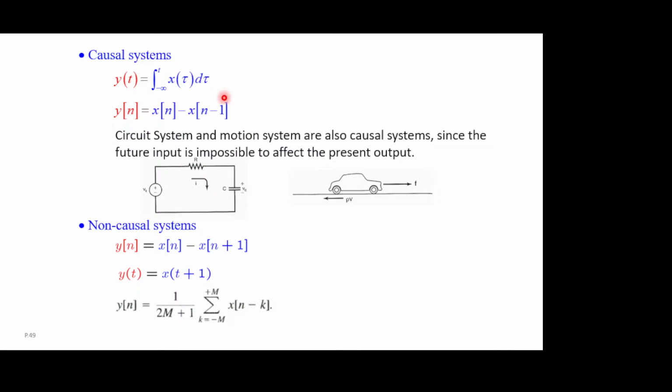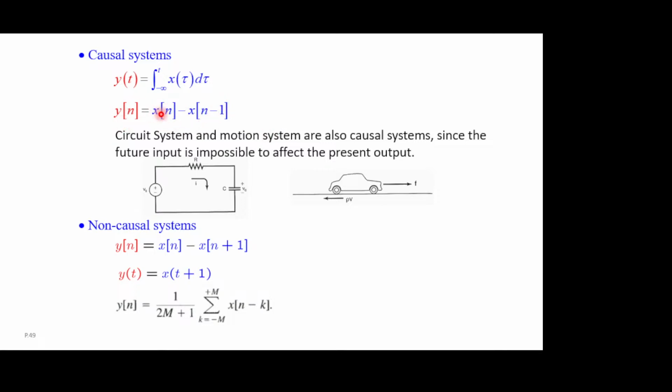And here we have more mathematical examples. Those are things that are causal. Once again, our integrators are causal because y of t only depends on x of tau from tau less than t, because we are integrating from less than t. And also our difference, you have to be careful.